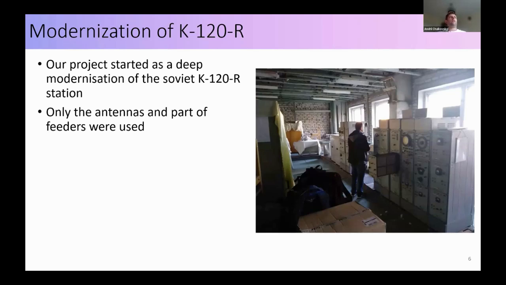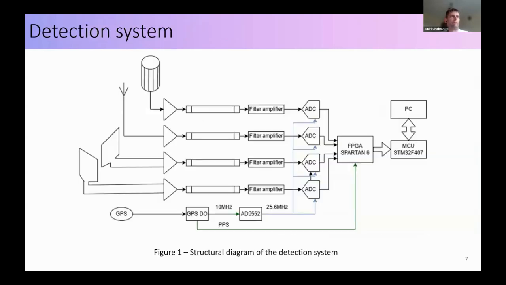So our task was to modernize the Soviet Ka-120R station, and you can see its state on this illustration. Finally, we chose to use only antennas from this station and develop a modern system.